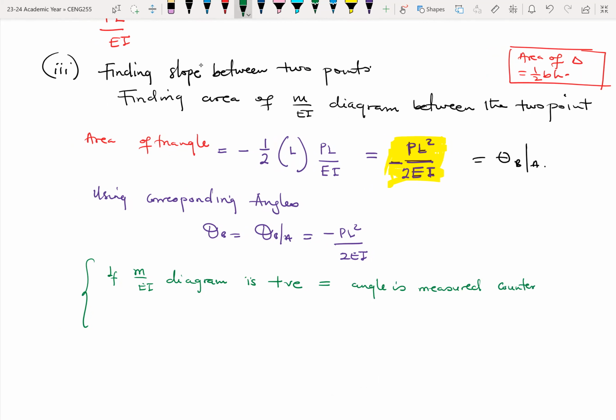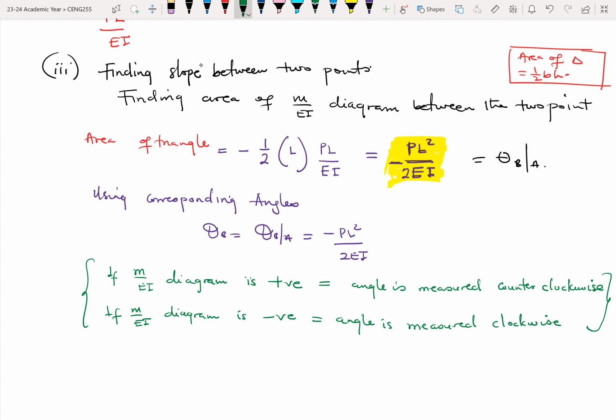Okay, so take note. And if the M over EI diagram is negative, then the angle is measured clockwise. These are just sign conventions we go with.